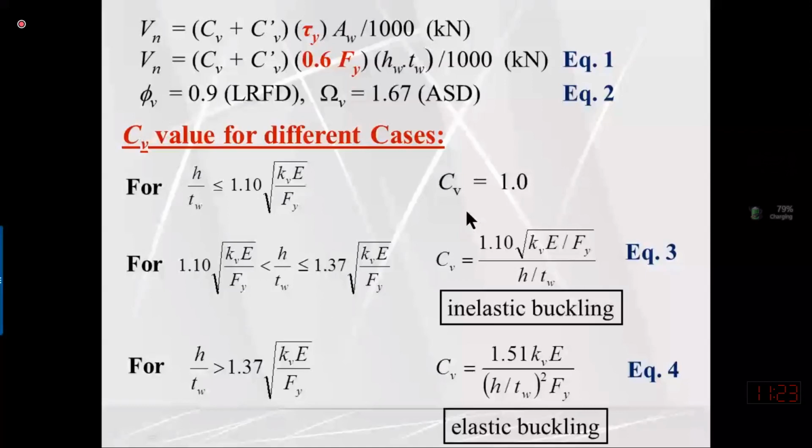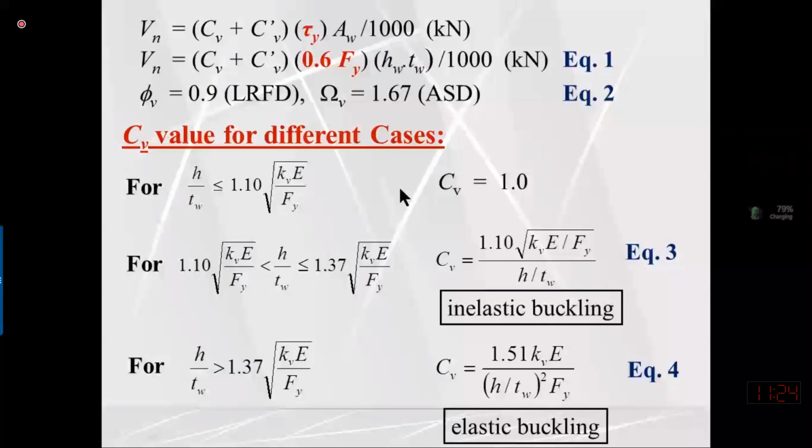For example, if our web is compact, so in that case, if height of the web over thickness of the web ratio is less than this parameter, 1.1 under root kV into E over Fy, you can consider that this is the lambda p value for the web of plate girder. Then if our web is compact, the web will not buckle. It will only fail due to shear yielding.